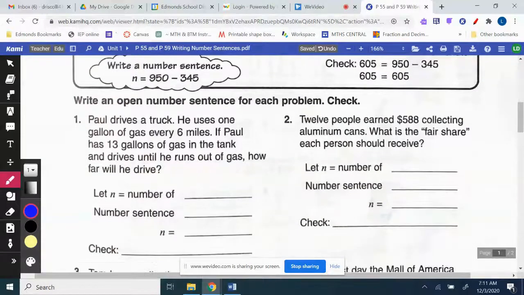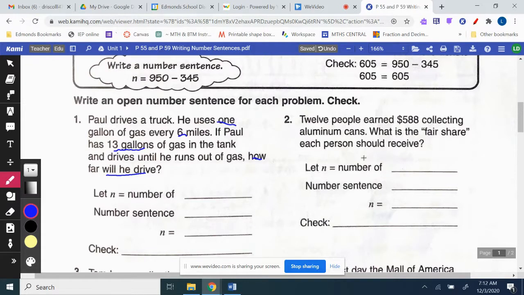Paul drives a truck. So we're going to solve this problem. Paul drives a truck. He uses 1 gallon, that's a number, of gas every 6 miles. If Paul has 13 gallons of gas in the tank and drives until he runs out of gas, how far, that's my question, will he drive? And n is how far, and we're measuring that in miles.